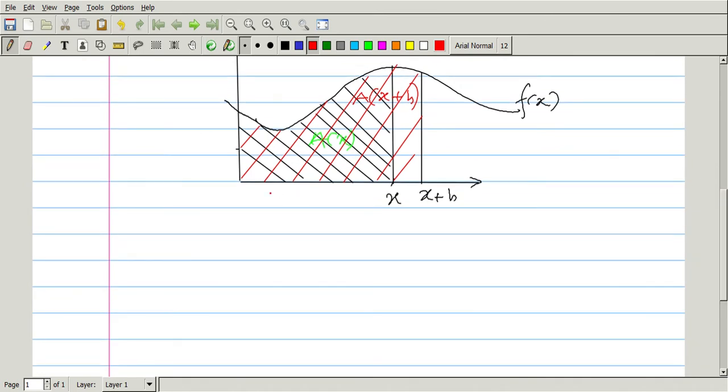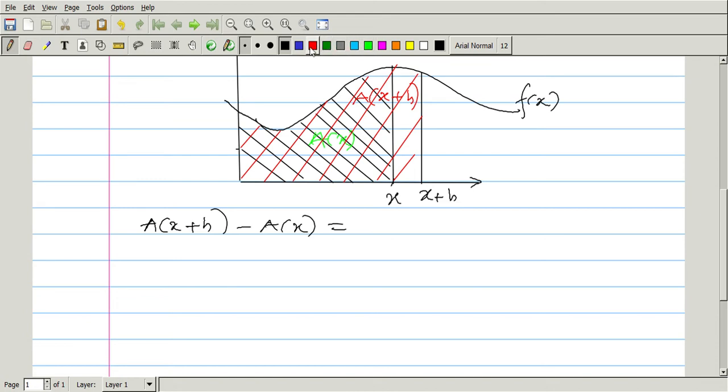Let's say I now consider A of x plus h minus A of x. That comes to be the area within this strip, or this rectangle. A of x plus h is red, and if I subtract the black, I get this strip.